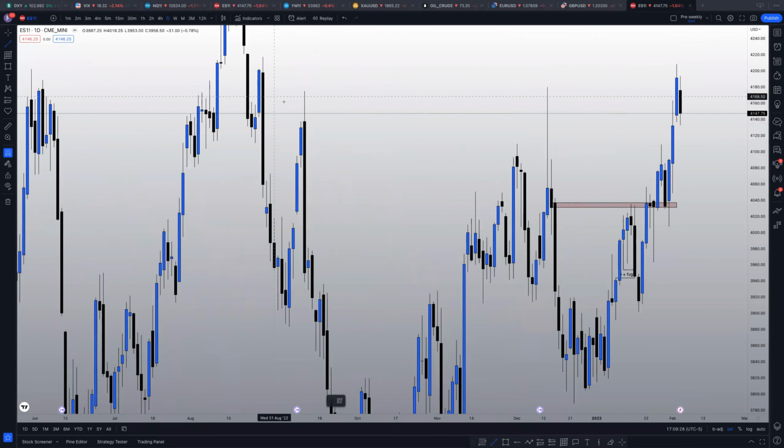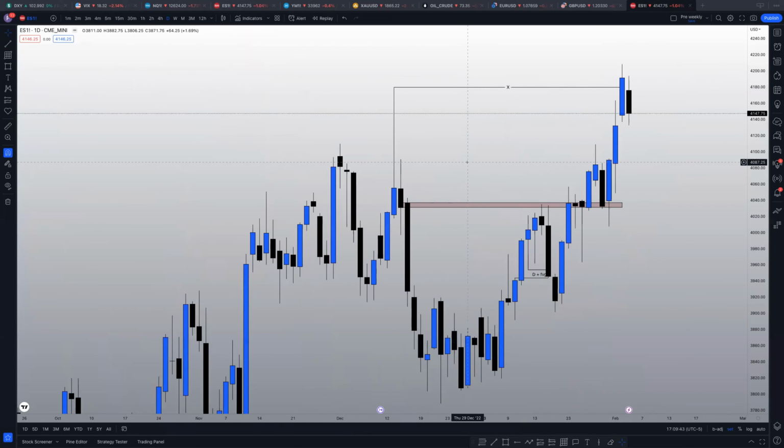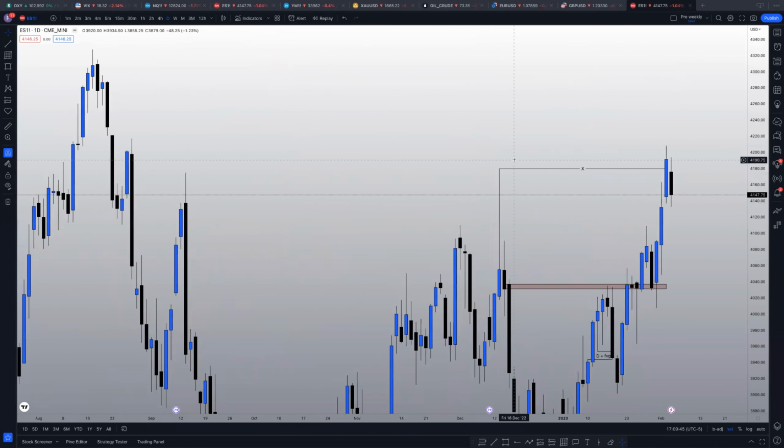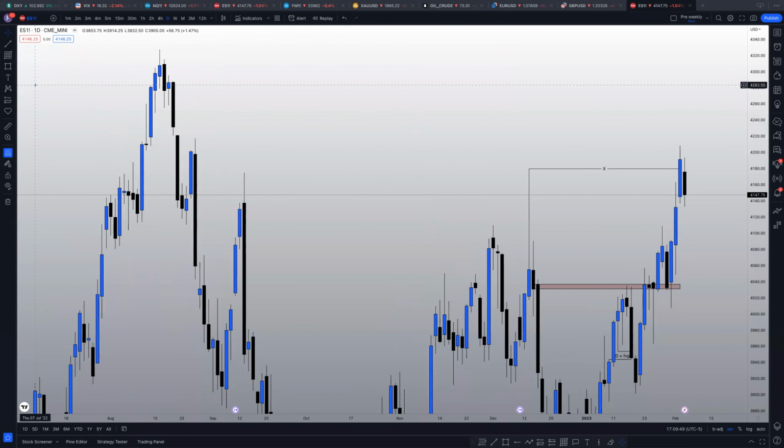So ES traded above just this high. And rejected. For me, I'm not really convinced that we're bearish yet.